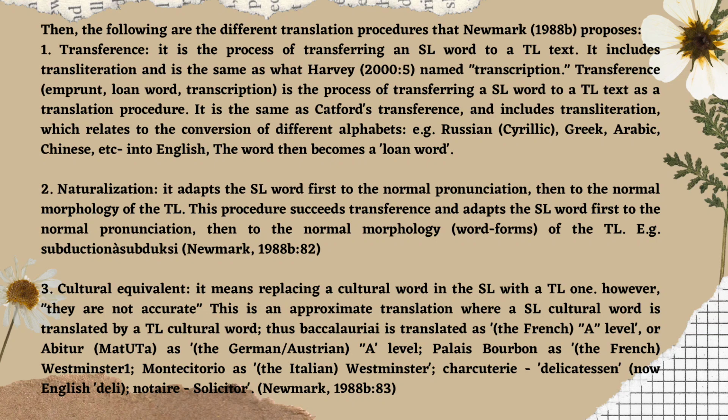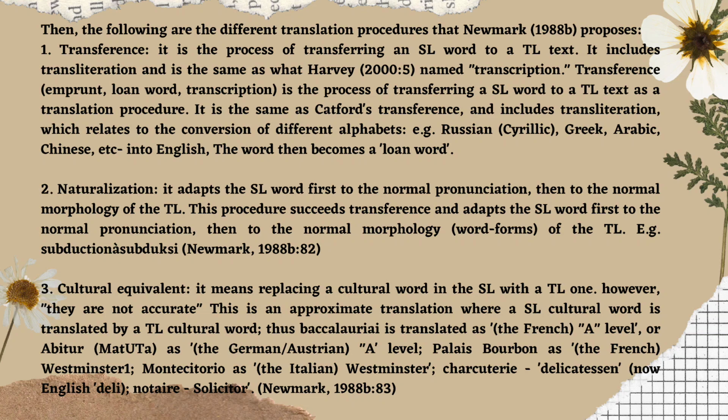Transference, or a loanword, is the process of transferring an SL word to a TL text as a translating procedure. It is the same as Catford's transference and includes transliteration, which relates to the conversion of different alphabets.